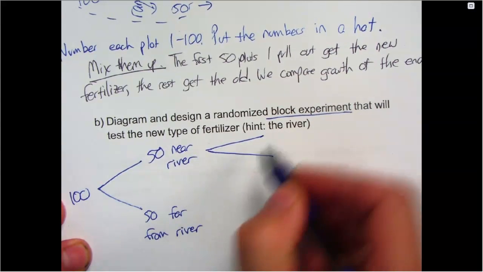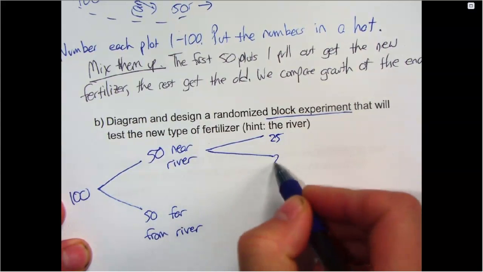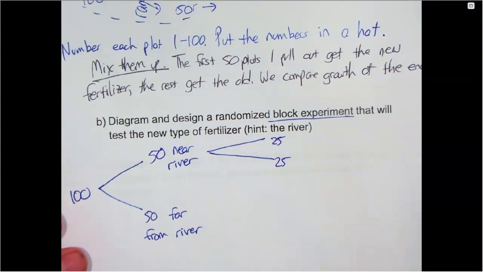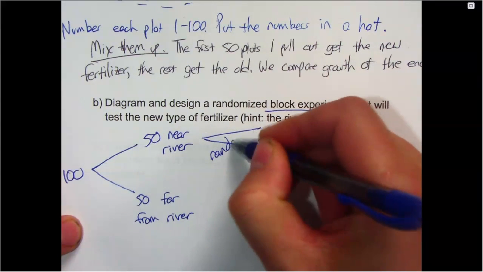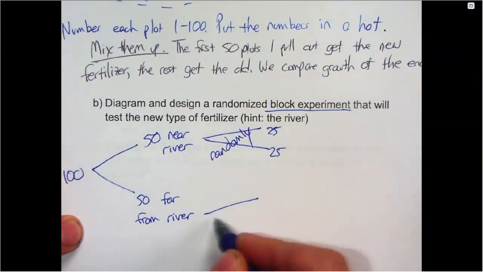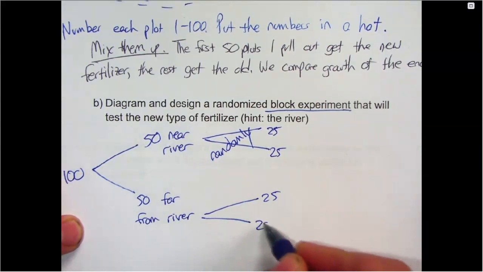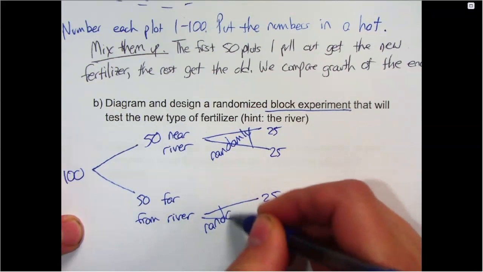And then I do 2 separate experiments. So now I'm going to split this into 25 and 25. And how am I going to do that? Random. I'm going to split this one into 25 and 25. I'm going to do that random.